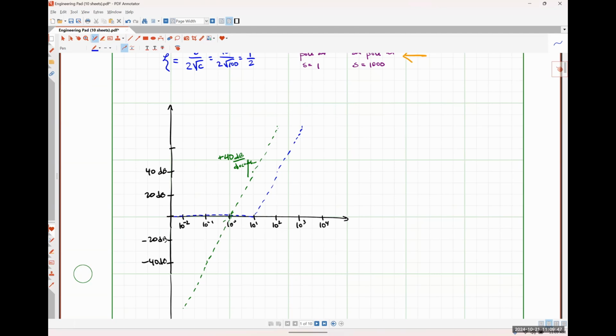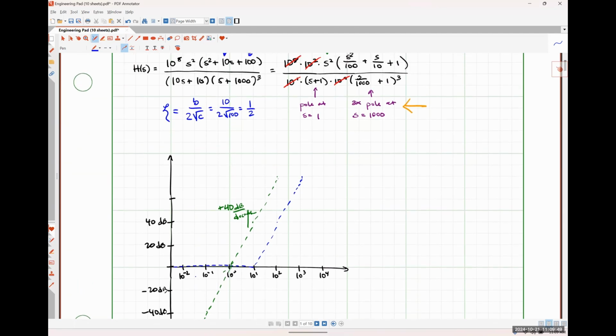And it's starting to go up at omega is equal to 10, because this expression right here is s squared over omega naught squared plus s over omega naught plus 1. So omega naught for this guy is 10 to the 1.